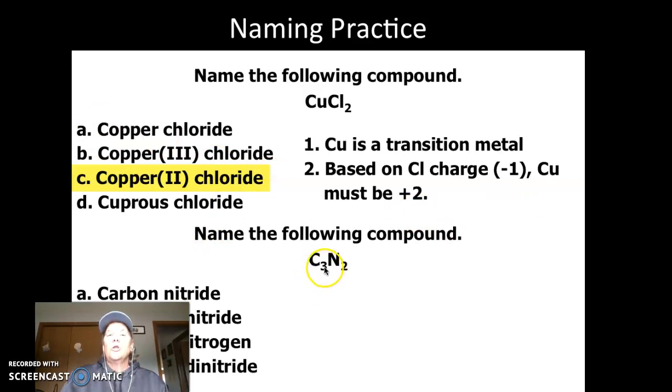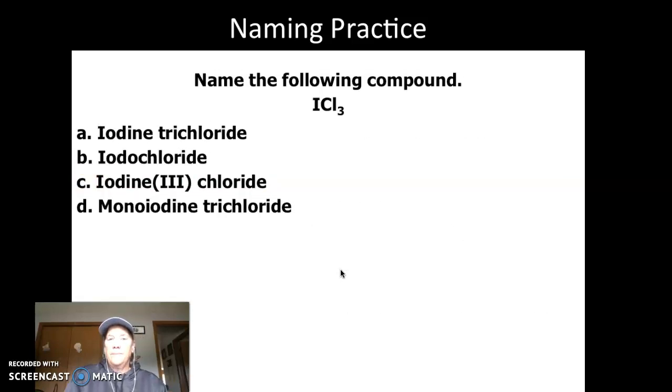That'd be tricarbon, and then 2 would be dinitride. Again, the difference between these two: this is ionic because it has a metal and a nonmetal. This is molecular because it's 2 nonmetals, so it'd be tricarbon dinitride. Sorry about that, I'm covering up. This one would be iodine, and then trichloride, 3 chlorine.